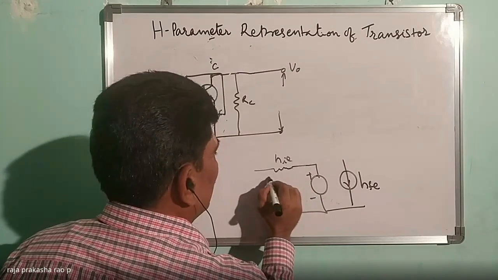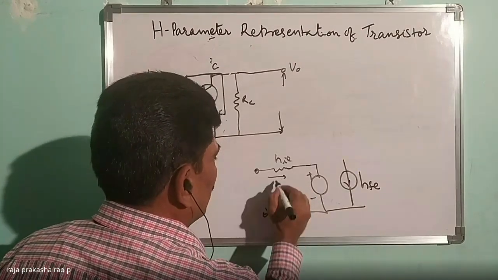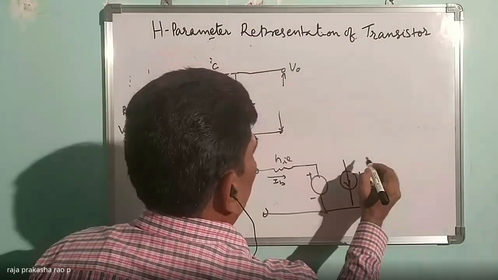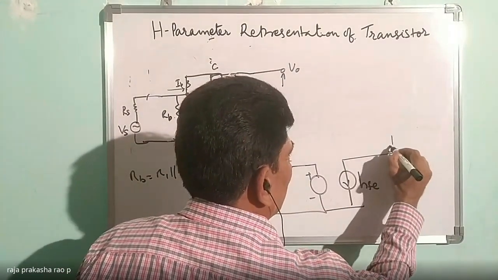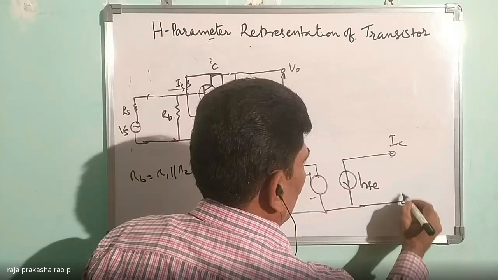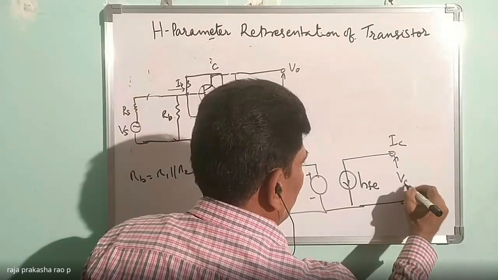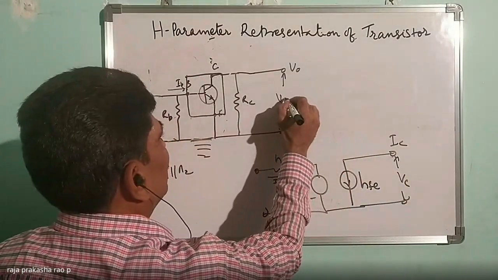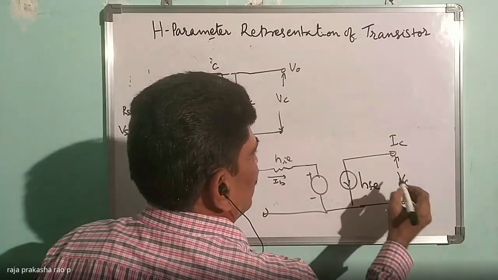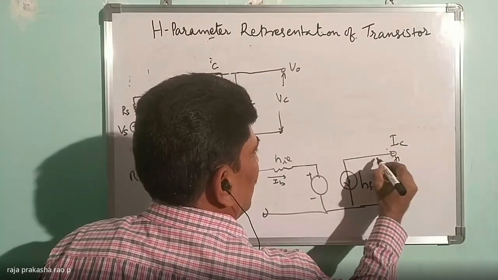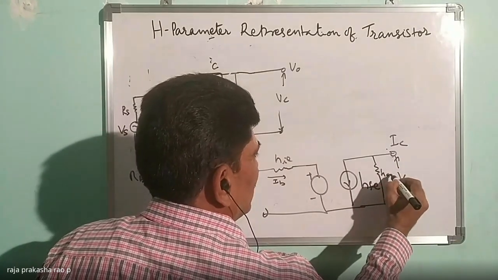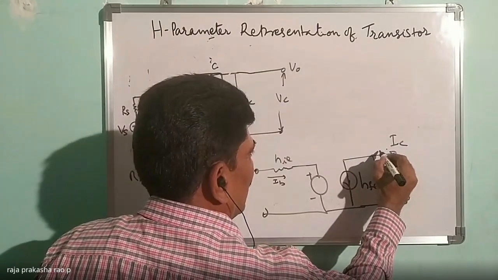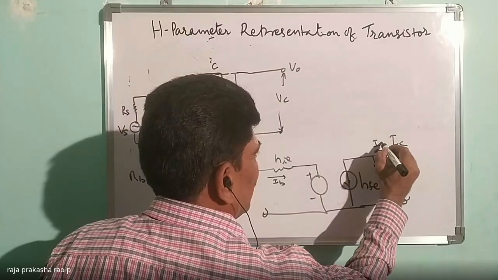And for common emitter, the output current is IC. Output voltage is VC, and the resistor will be there, 1 by HOE, and IC will flow like this.